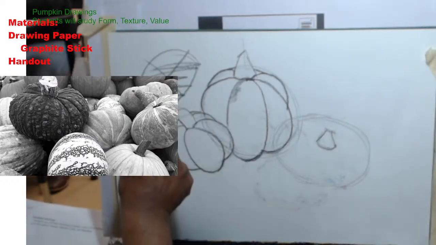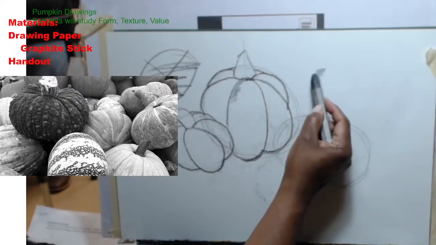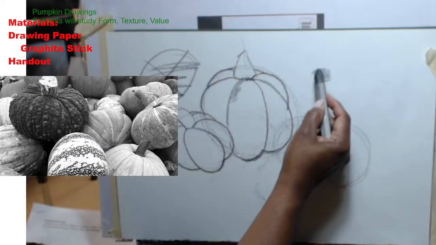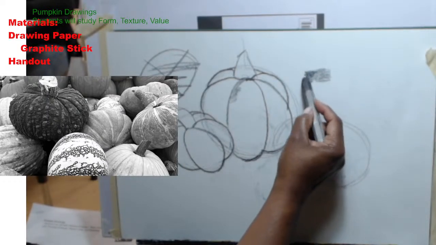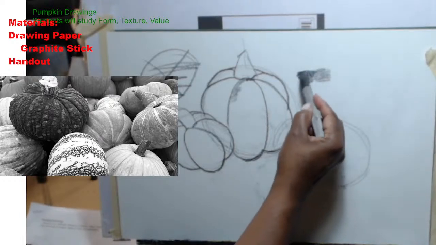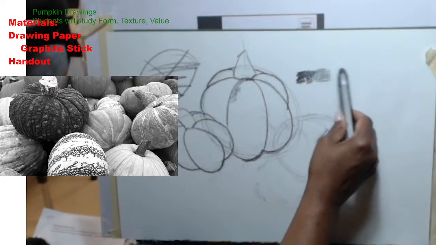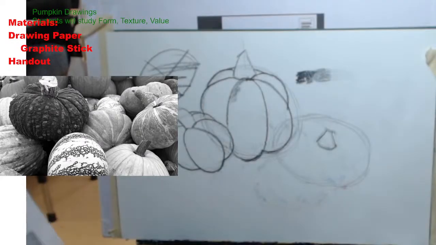That's wrong. We shade in nice circular motion, really close together. We can go medium shade, we can go darker shade, and we can go even darker. The lighter shade we can fade out with a finger or a graphite stick.